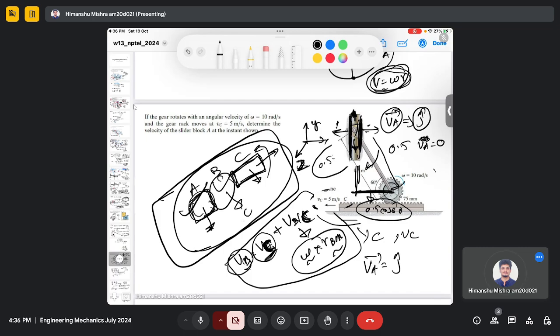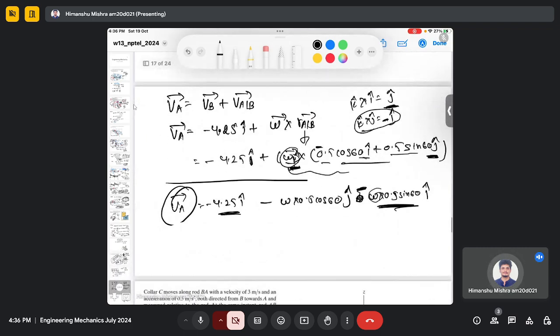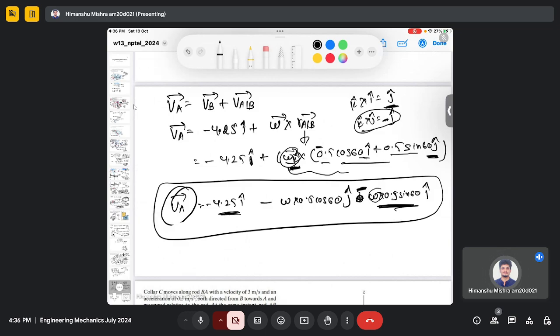Which means now I can split this equation into x and y form. You can see this is in x, this is in x, and this blue color is in the y direction. And this VA can be written in terms of the y component only, because there is no horizontal motion, so the horizontal component is 0.